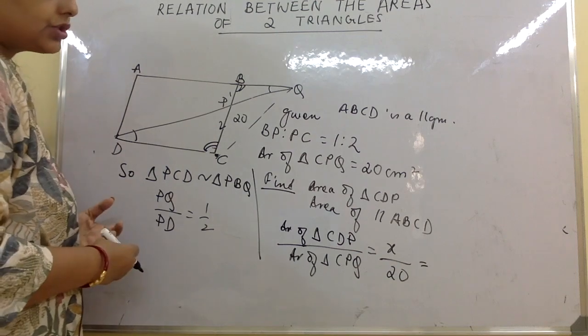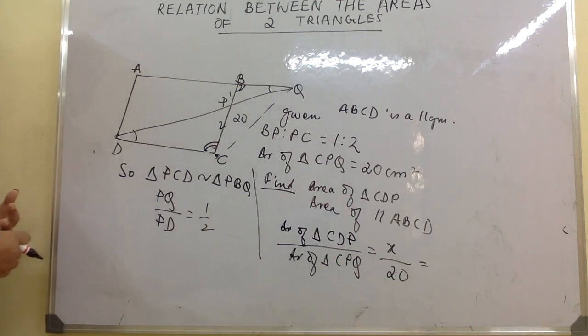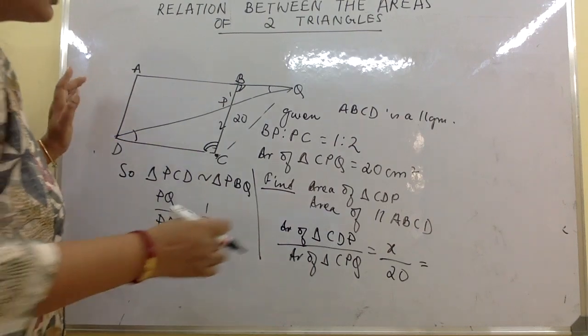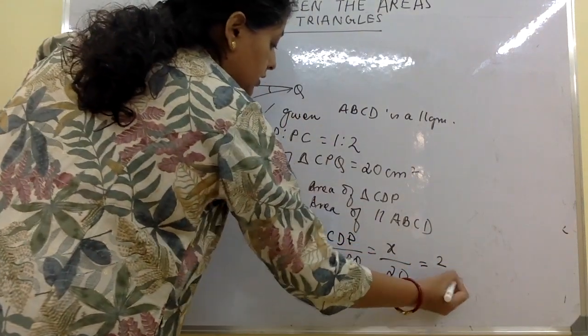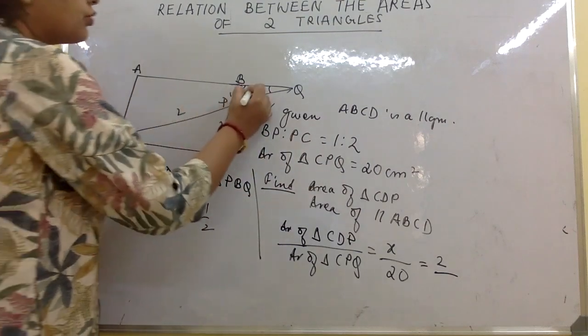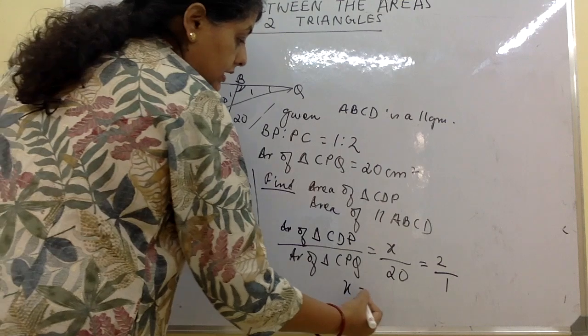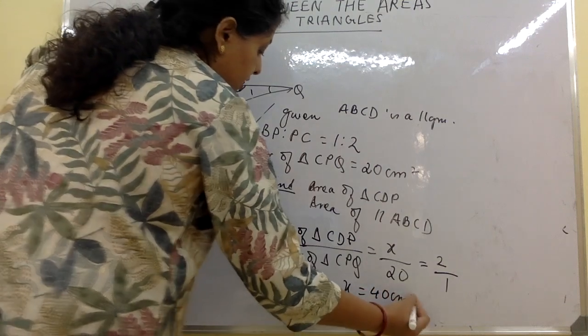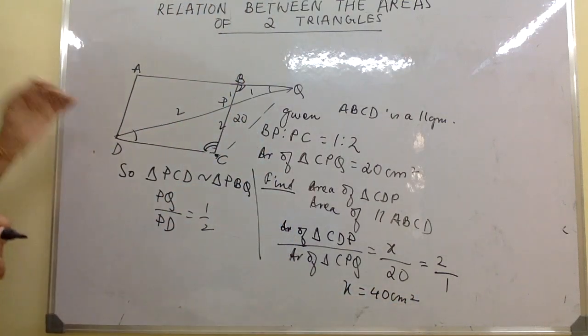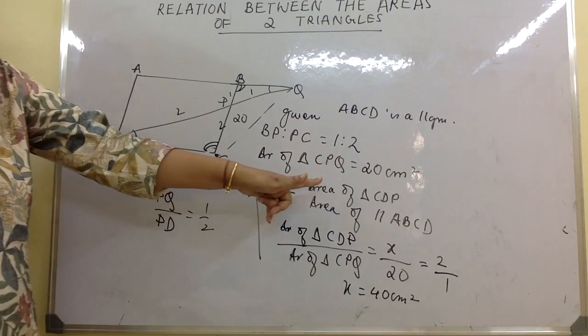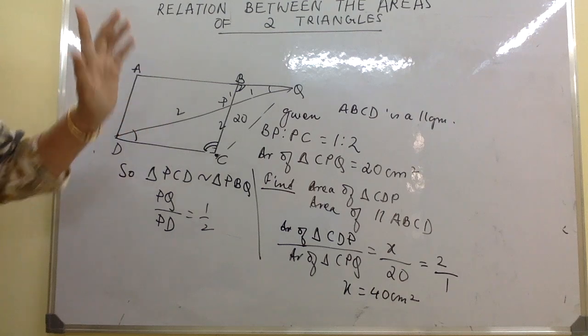First we wrote CDP, the bigger one first, so we are going to write 2 first. Bases are in the ratio 2 is to 1, so 2 by 1. Therefore, area x is 40 centimeter square. We got the first part: the area of the triangle CDP is 40 using the theorem.